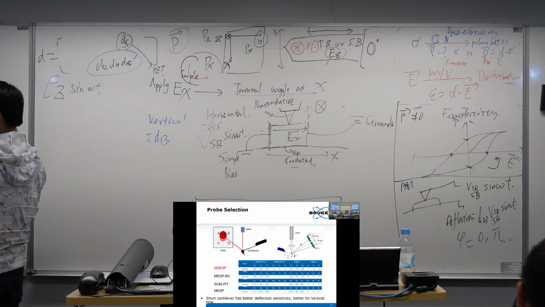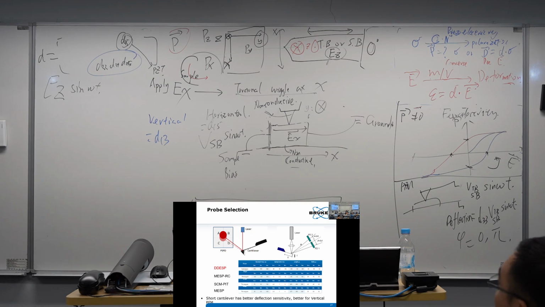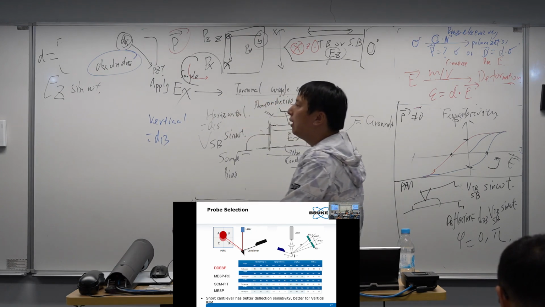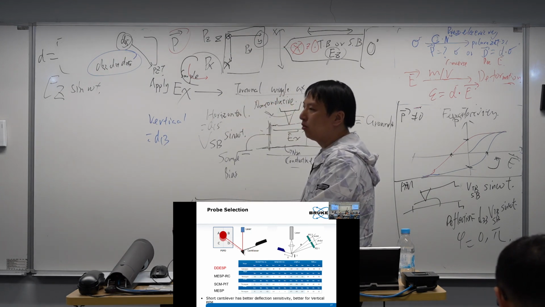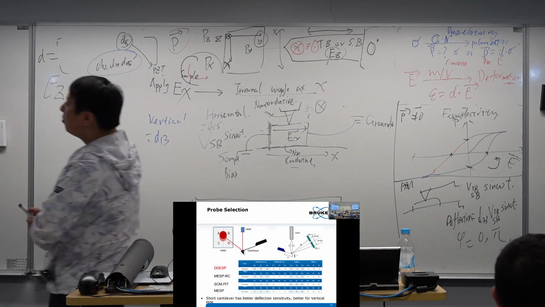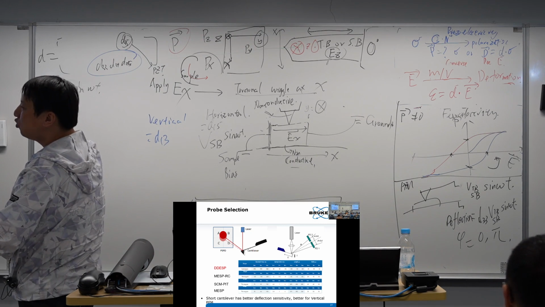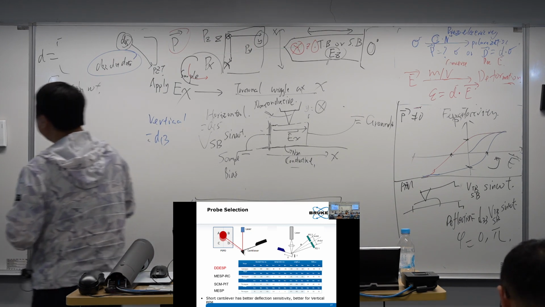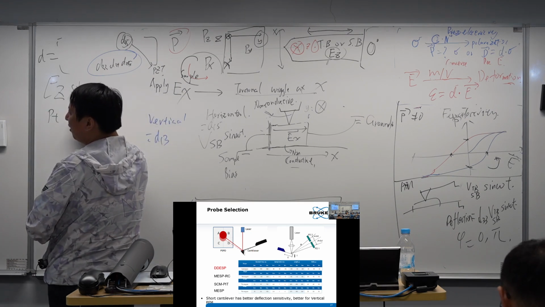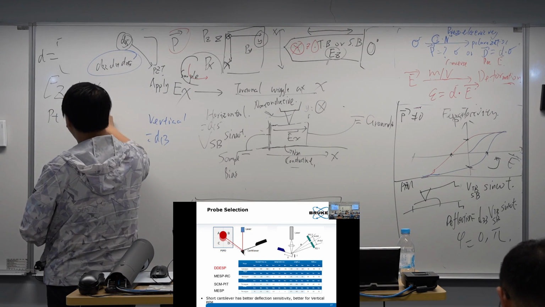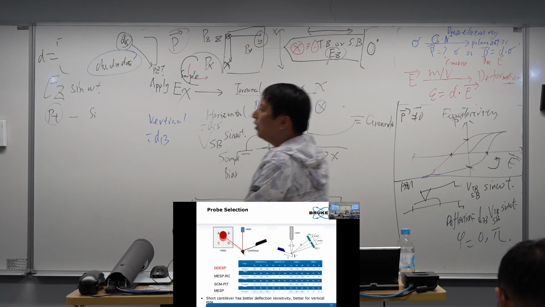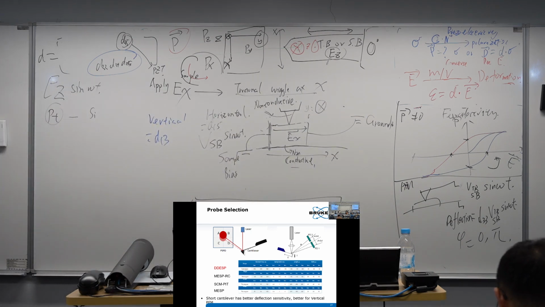The most common choice is the SMPIT, which is coated with platinum, and it's quite a good conductor. But I have to say this probe is not robust, because platinum is not affinitive to the silicon, so it is easily damaged.